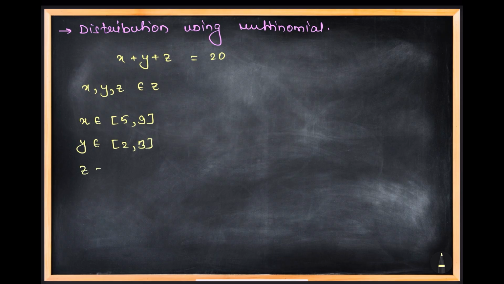Okay, z will take 10 to 15. So these kinds of restrictions they will put. Now you cannot balance. If you balance the lower part, you will have a problem at the leading part. If you manage the leading part, you will have a problem at the lower part. Okay, so how we will handle those situations we will understand in this part.